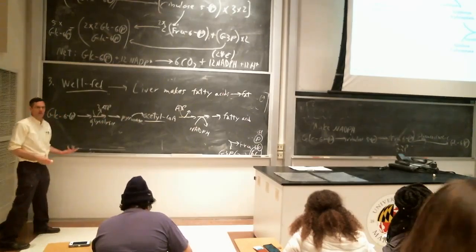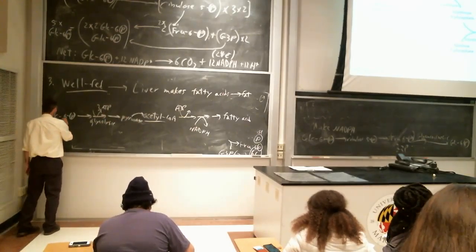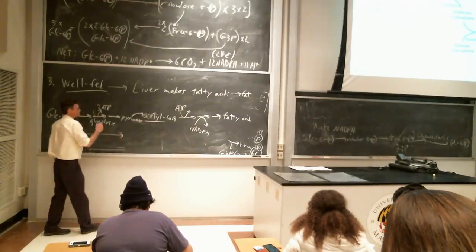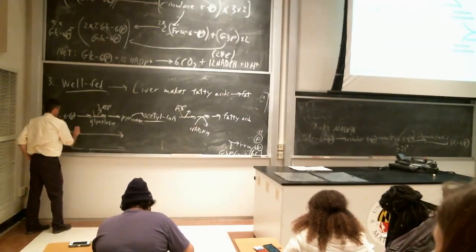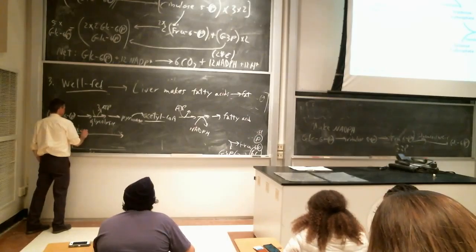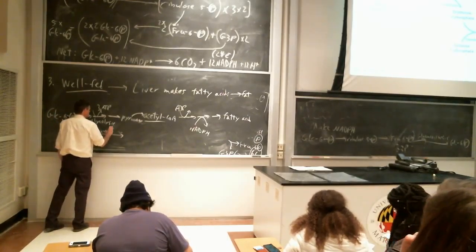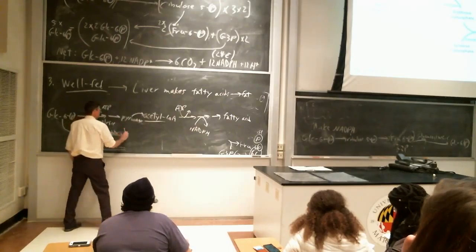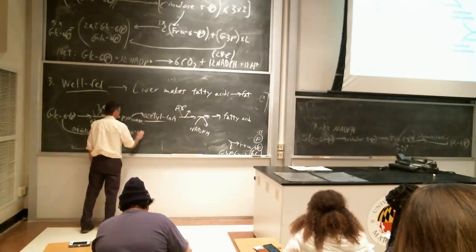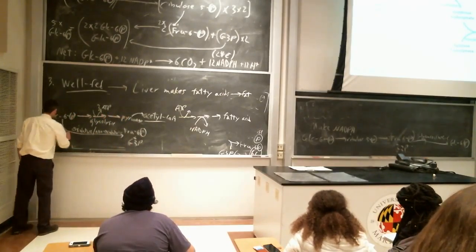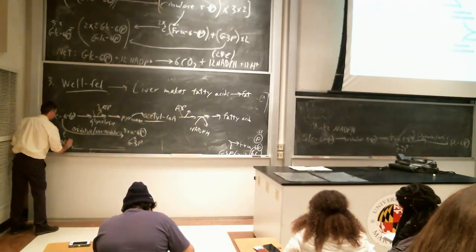And then for NADPH, what the liver will do is take some of the glucose 6-phosphate and do the oxidative and non-oxidative phases to make fructose 6-phosphate plus glyceraldehyde 3-phosphate, meanwhile generating NADPH.